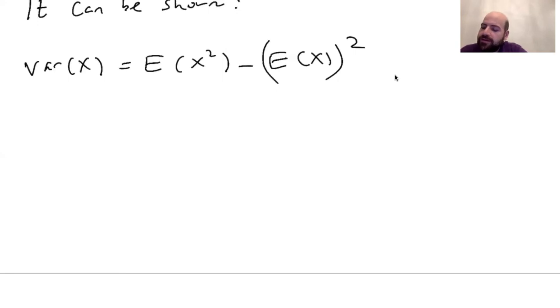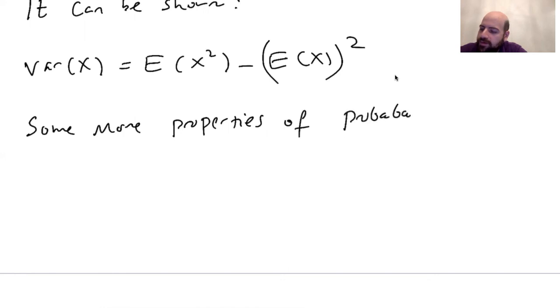All right. And some other properties that we need in this course: some more properties of probability measure or probability spaces.